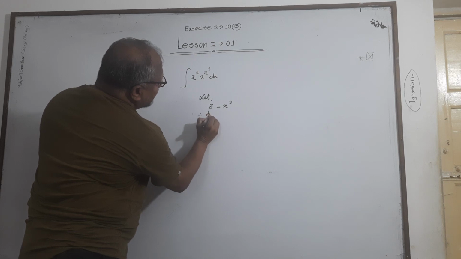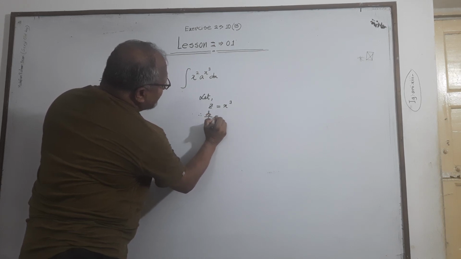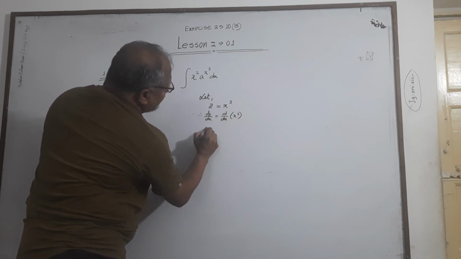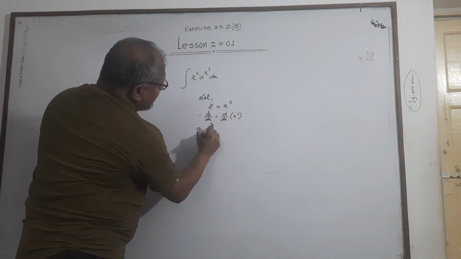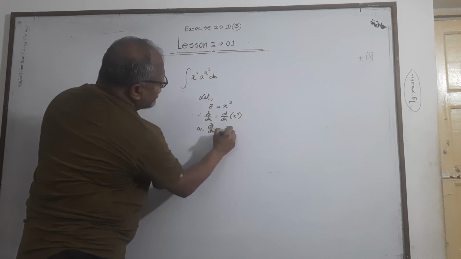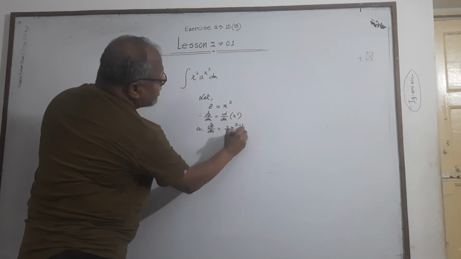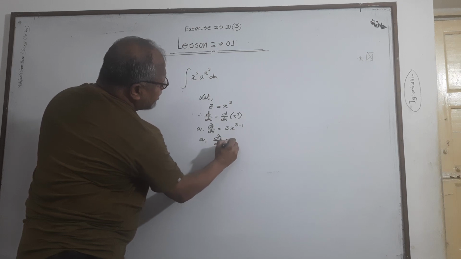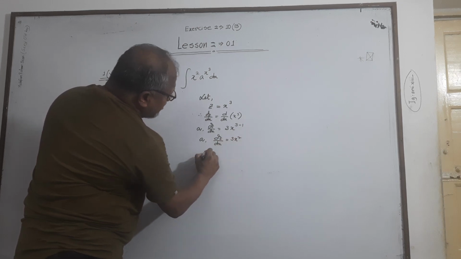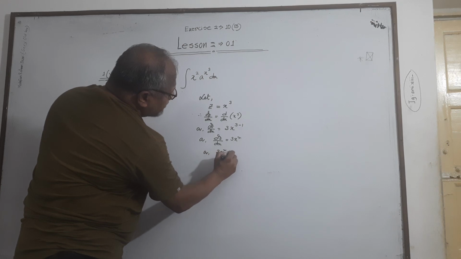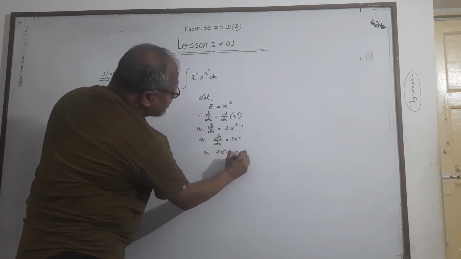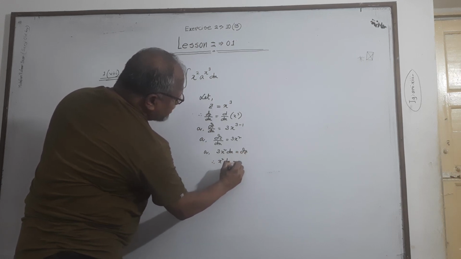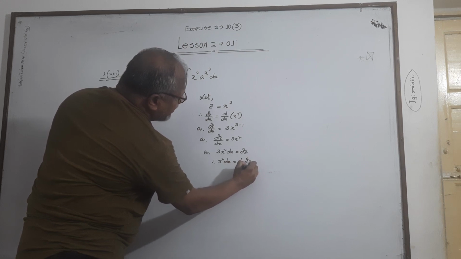So d/dx of z equals d/dx of x cube, or d/dx of z is equal to 3x to the power 3 minus 1, or d/dx of z equals 3x square, or 3x square dx equals dz. Therefore x square dx is equal to 1 by 3 of dz.